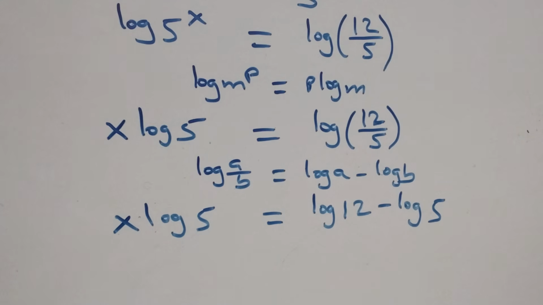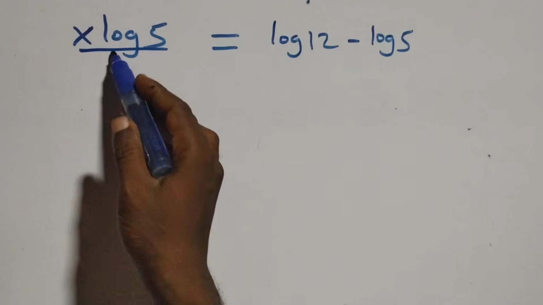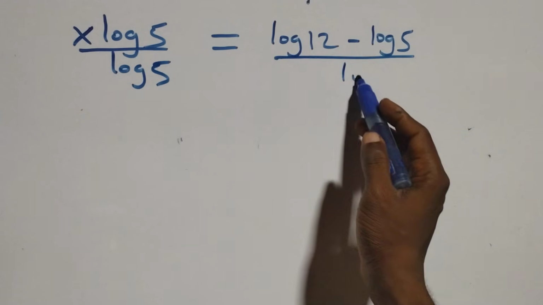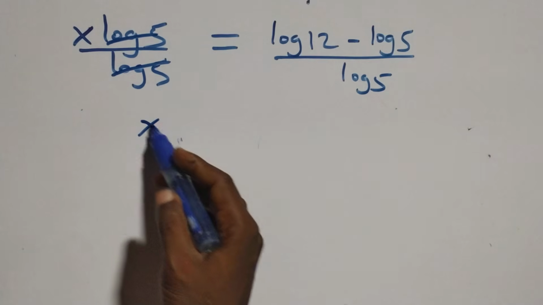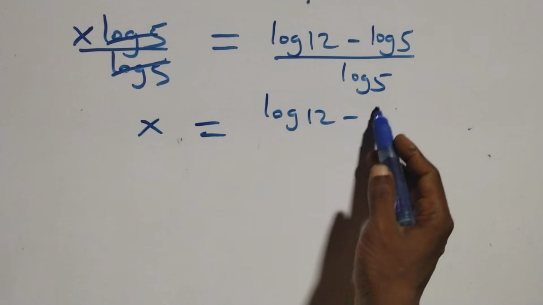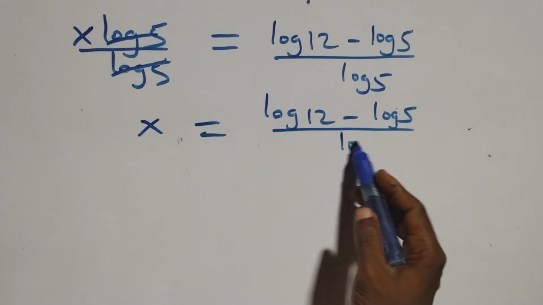This next step here, we divide both sides by log 5. Divide this side by log 5. Also divide this side by log 5, which implies here log 5 cancel each other. We have x equals log 12 minus log 5 over log 5.